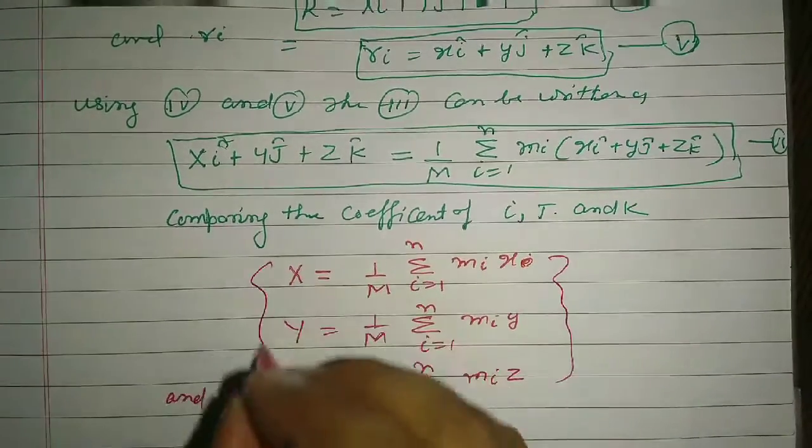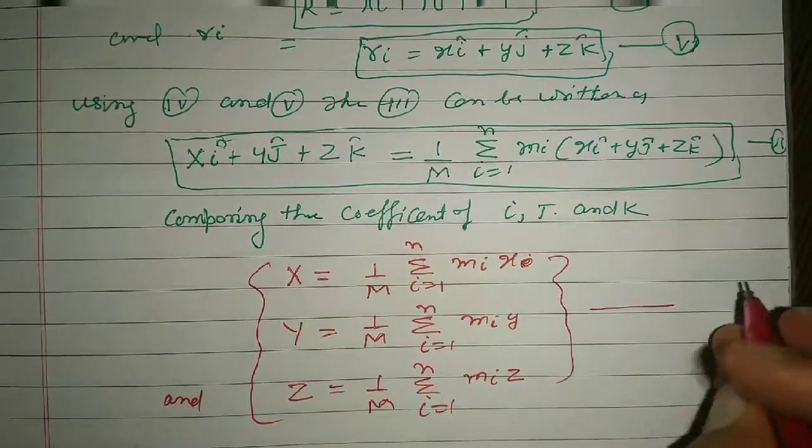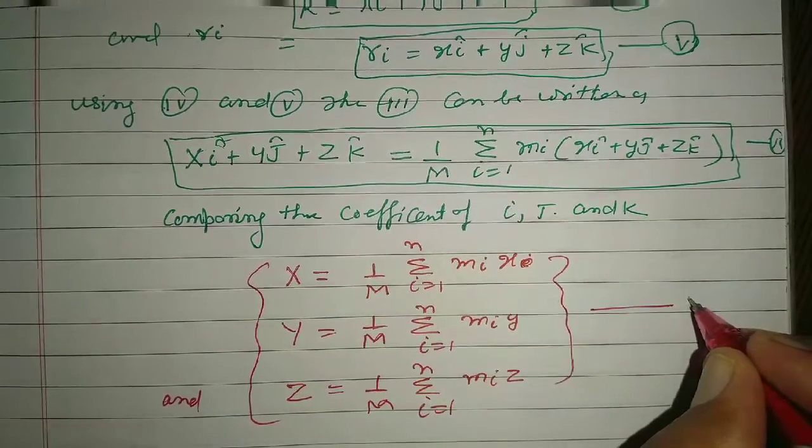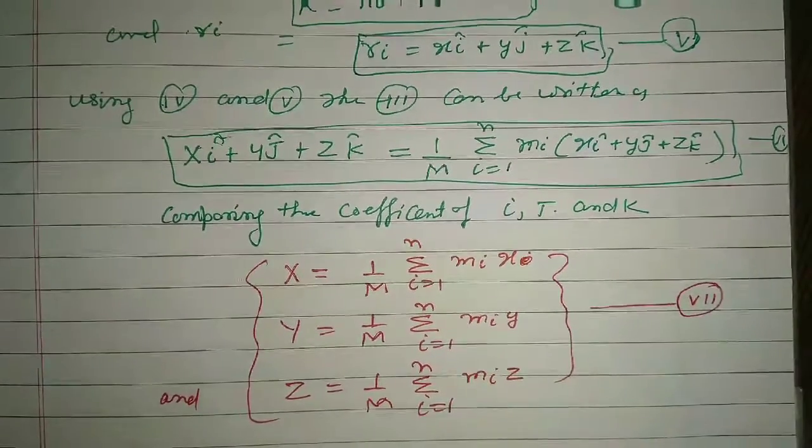See these three equations; this set of three equations is written as equation number 7.